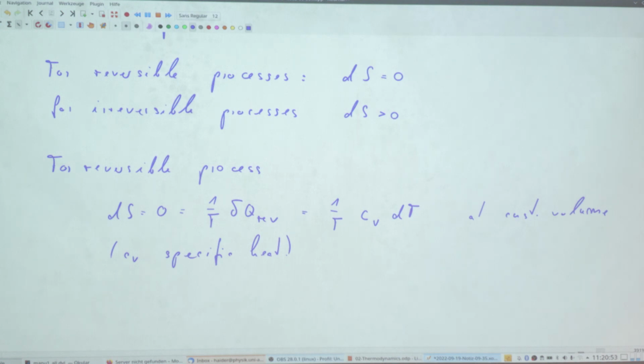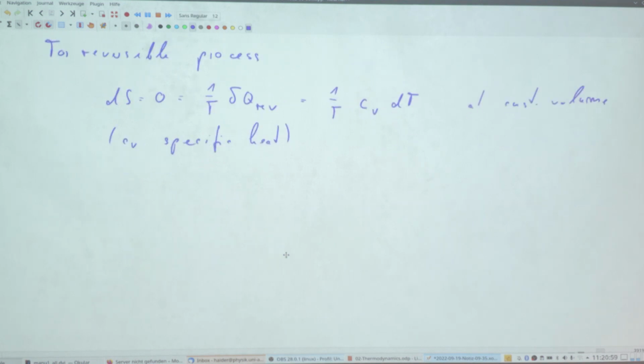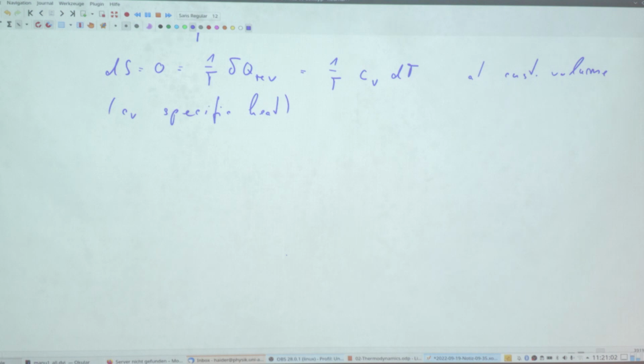Or at constant pressure, you have to replace CV by CP. And this allows then to determine entropy changes, to integrate if we have such a situation.